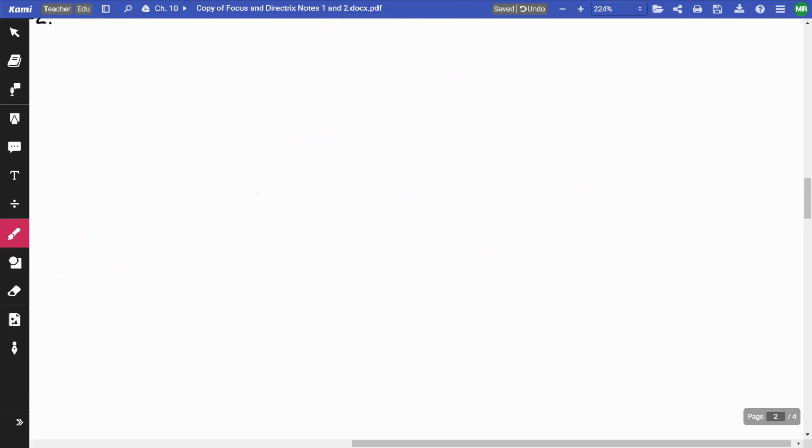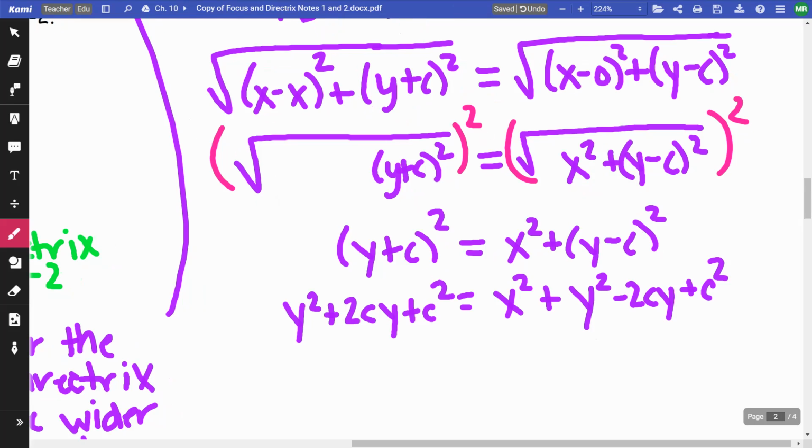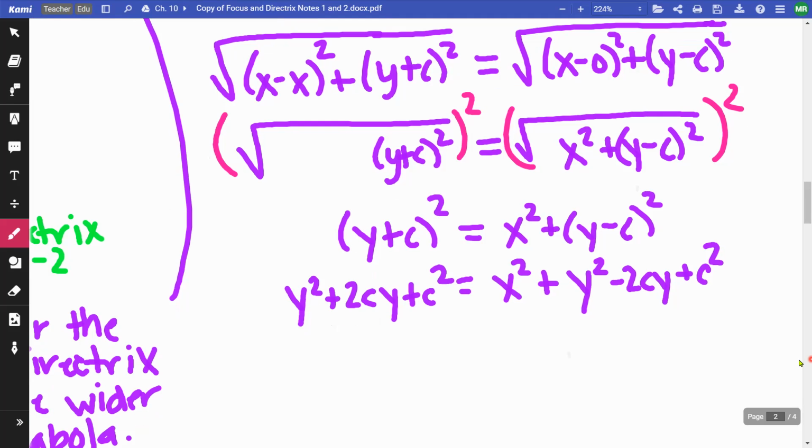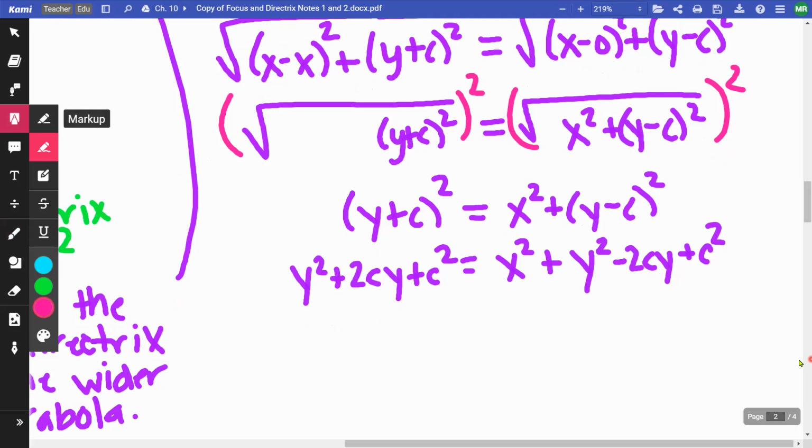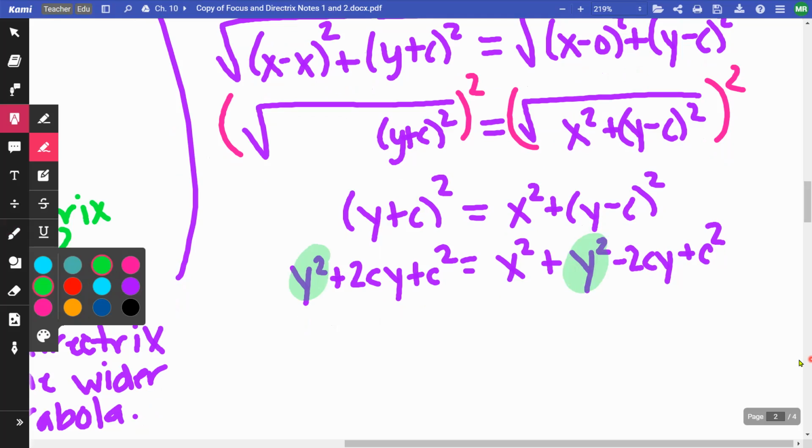Okay, it looks like a mess, but I can clean this up a bit, because what you'll notice hopefully is that I have a y squared here and a y squared here, so those are going to cancel out.